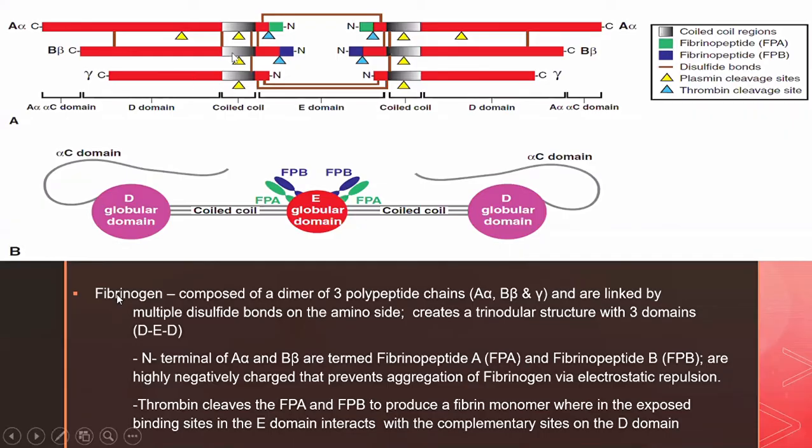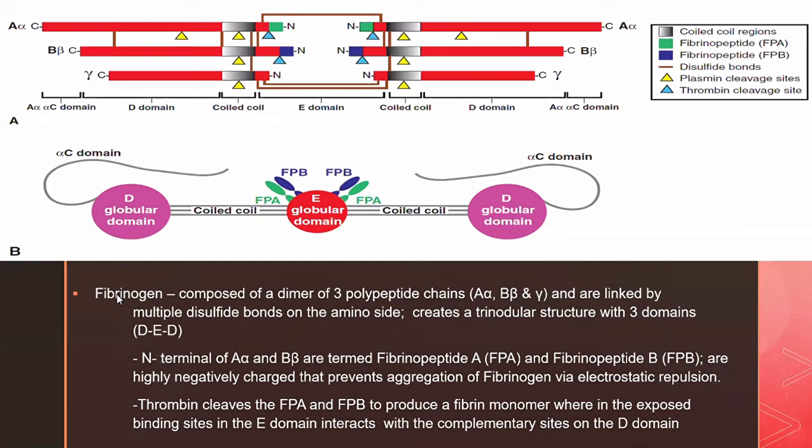This is your thrombin. So to activate your fibrinogen, thrombin cleaves FPA and FPB so that it opens up there. Once it opens, it will bind to other fibrinogen because there is now an open space.